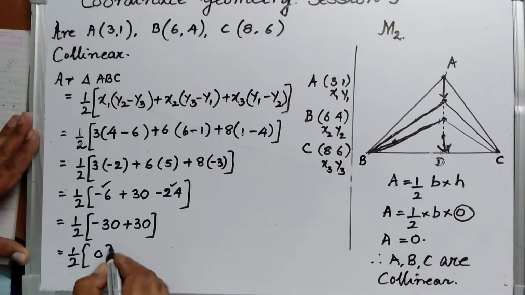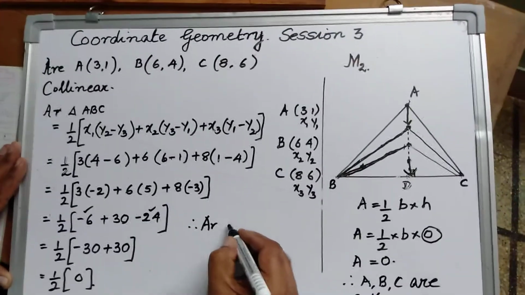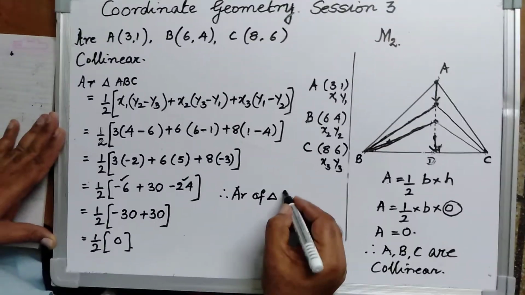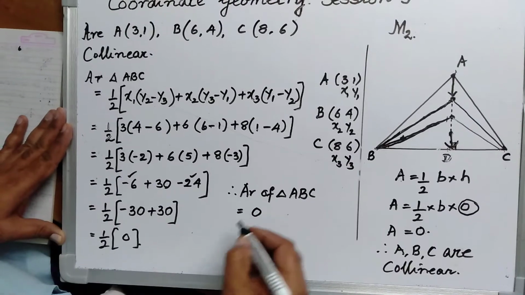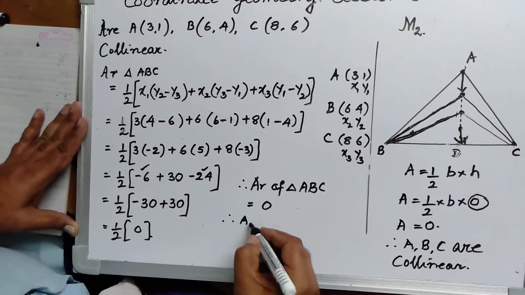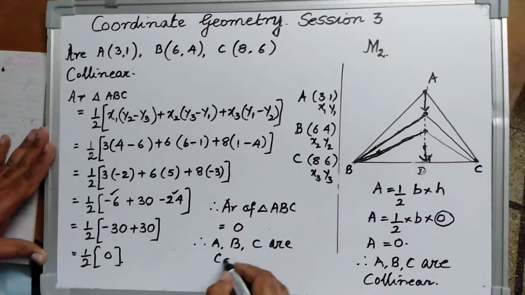So I will have half into 0. Therefore, area of triangle ABC is equal to 0, and therefore A, B, C are collinear.